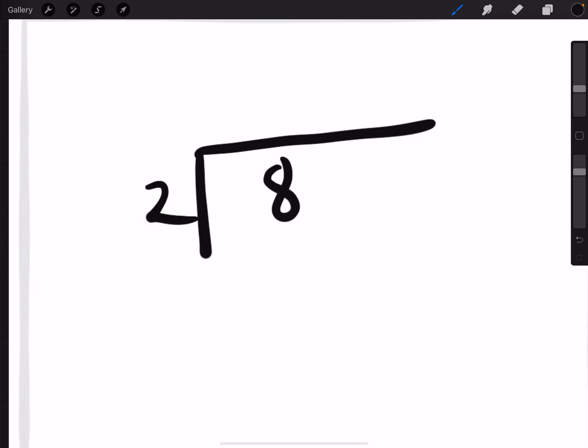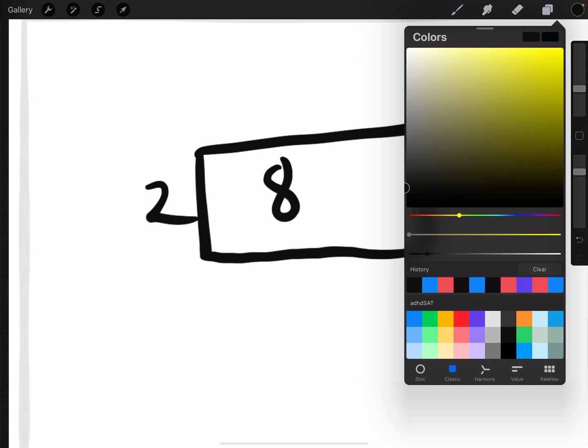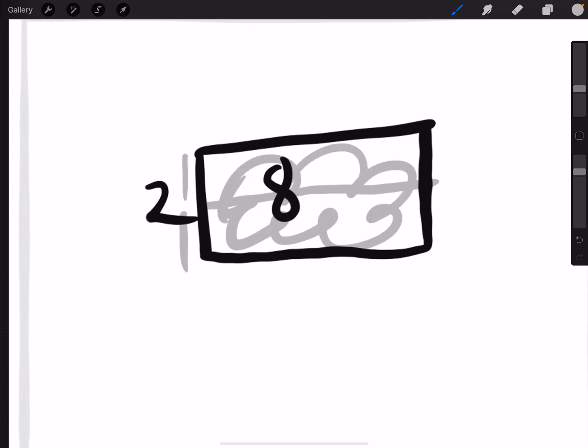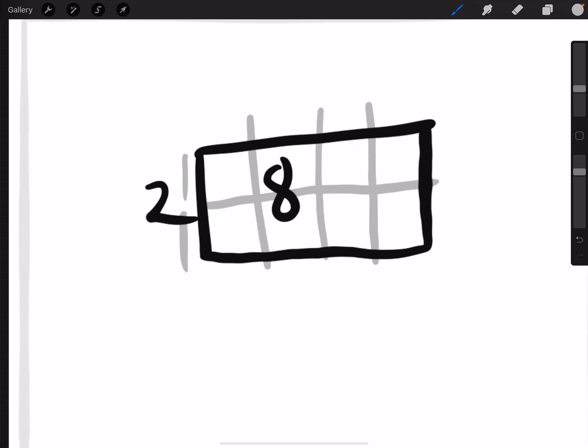When you do division, say 8 divided by 2, what you're really doing is imagining that you have a rectangle that is 2 tall, and somehow there are 8 boxes on the inside of here. What you're trying to figure out is how many spaces you need in the top in order to actually make this rectangle. In this case, it is 4.